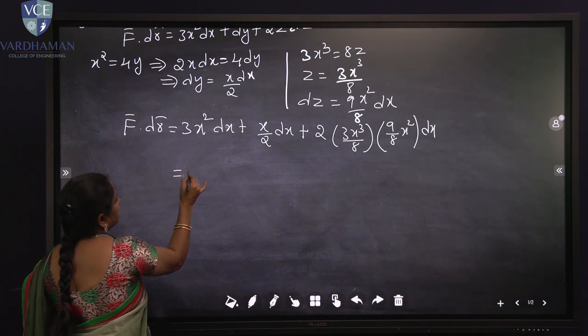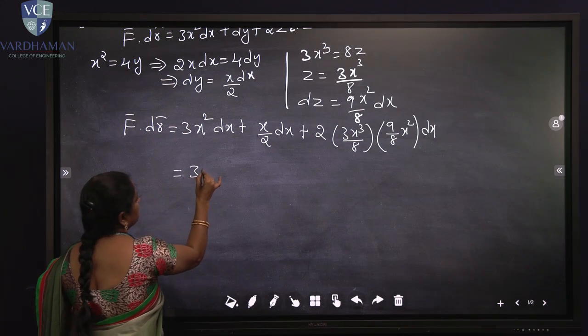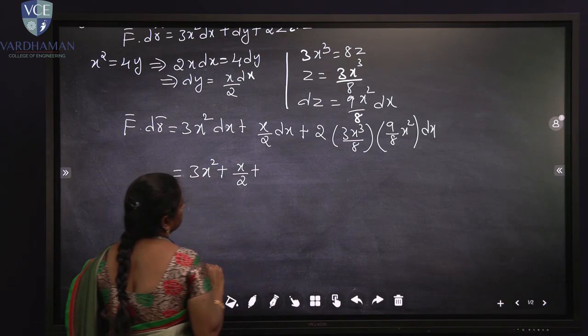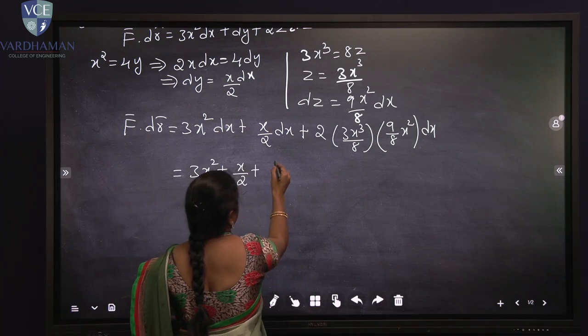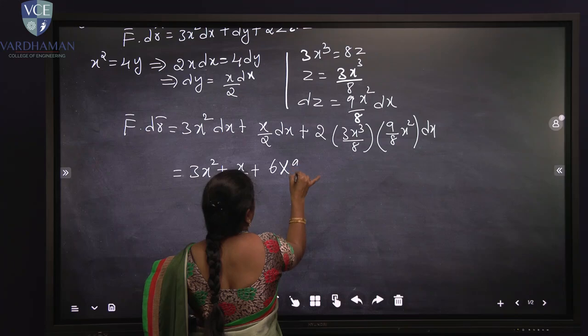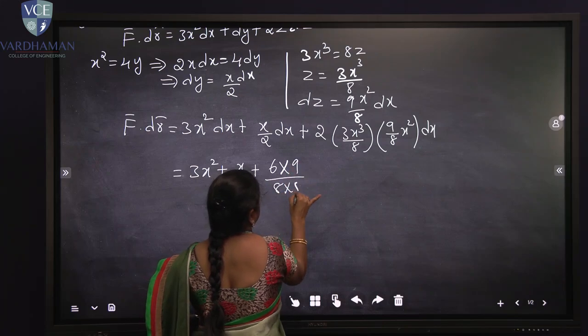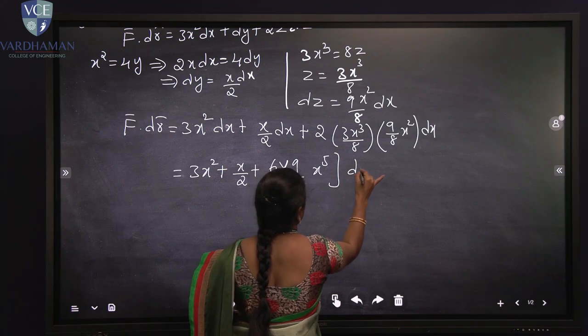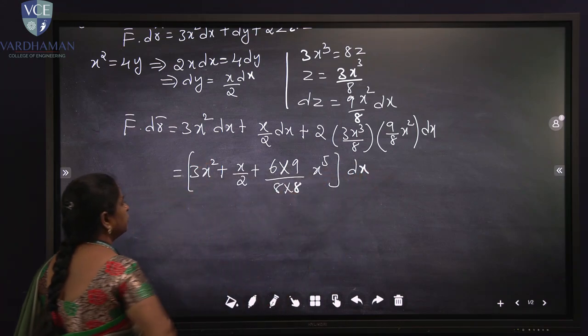Now, if we simplify this and take dx common, we get 3x square plus x by 2 plus 6 into 9 by 8 into 8, x cube times x square, which is x to the power of 5, dx. Now, we do the integration.